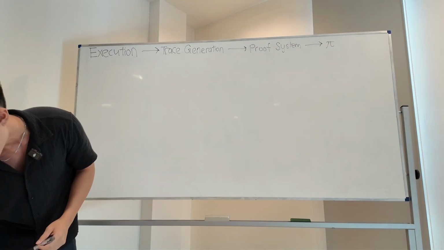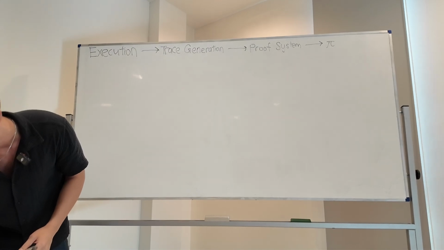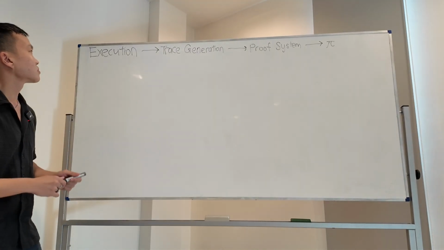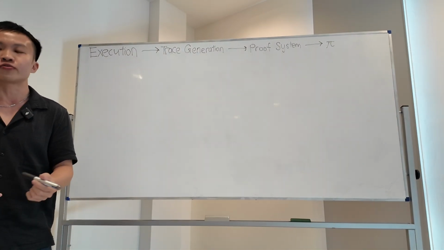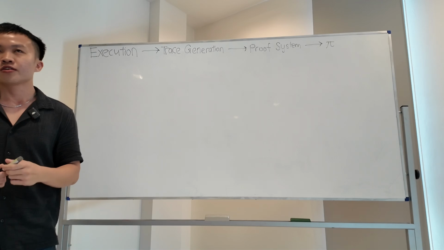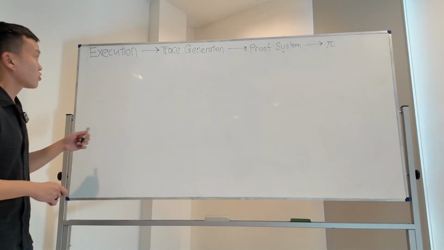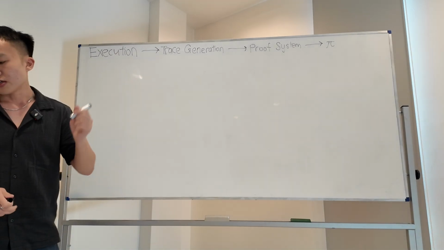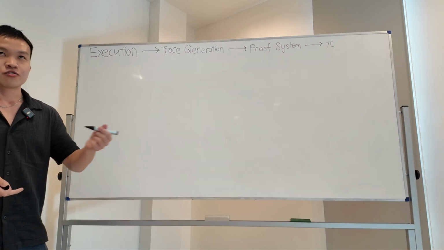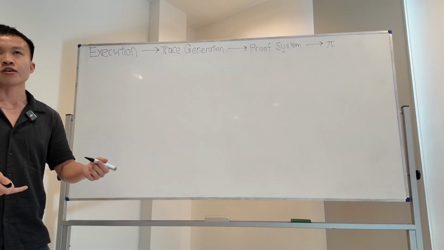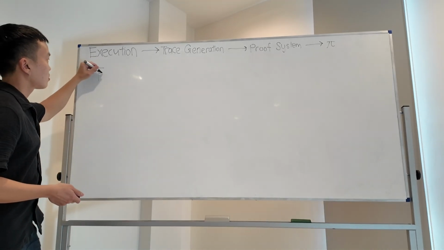So let's talk about execution. In execution, there's actually nothing zk or cryptographic about this stage. A good way to think about the execution stage is that it repeatedly executes the fetch, decode, execute cycles, like how a CPU would do.